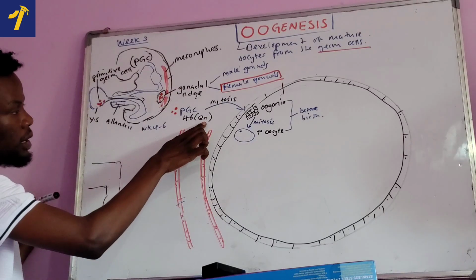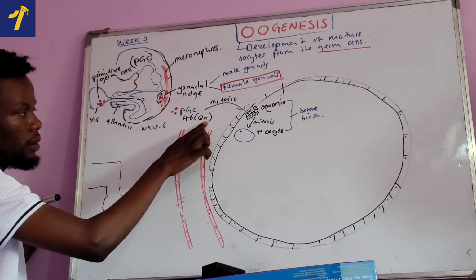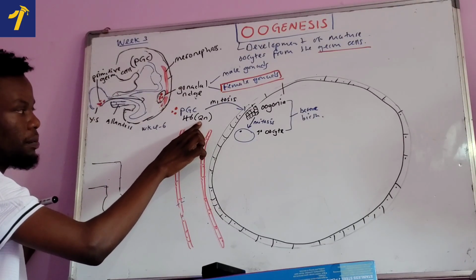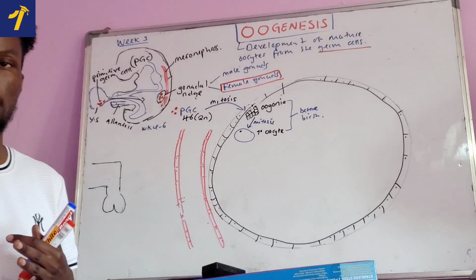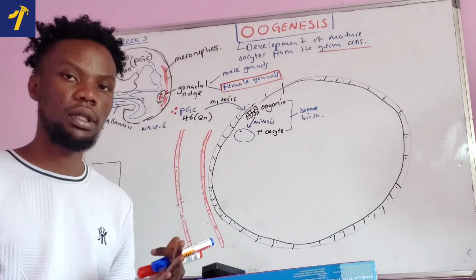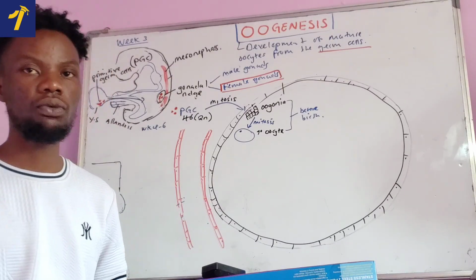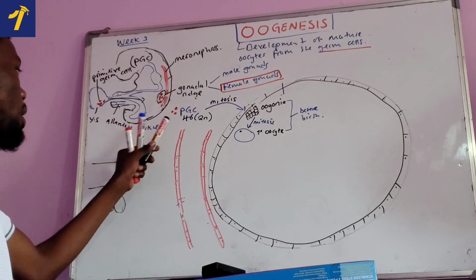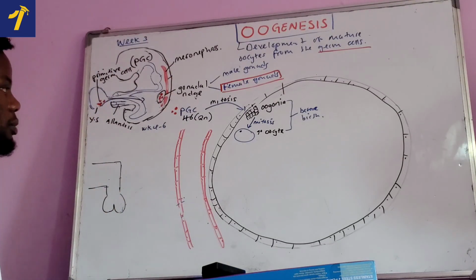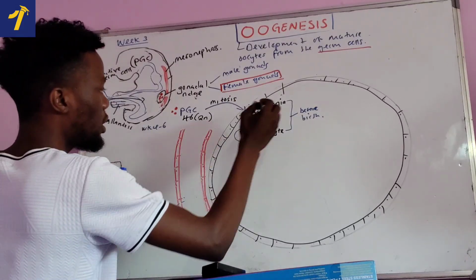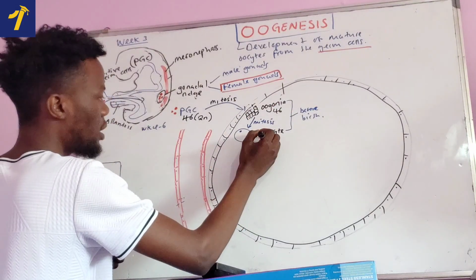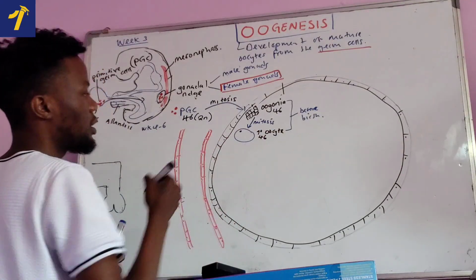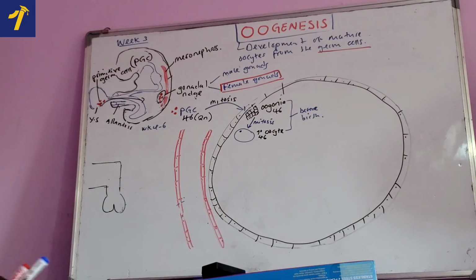So n is 23 chromosomes. If you multiply by 2, you have 46 chromosomes. From the maternal side we have 23, and from the paternal side we have 23. Altogether, we have 46 chromosomes. Again, for oogonia we have 46, and for the primary oocyte we also have 46 chromosomes. Take note of that.